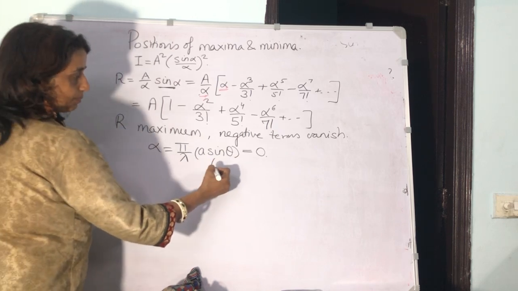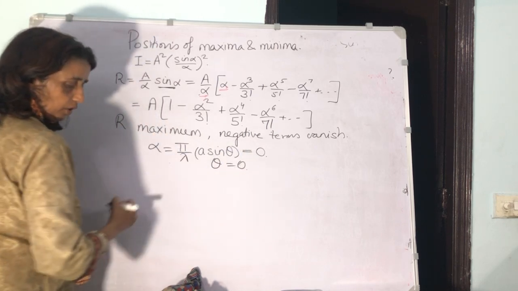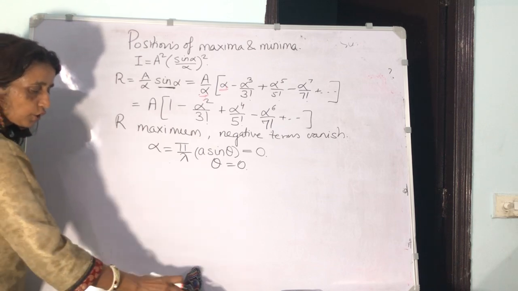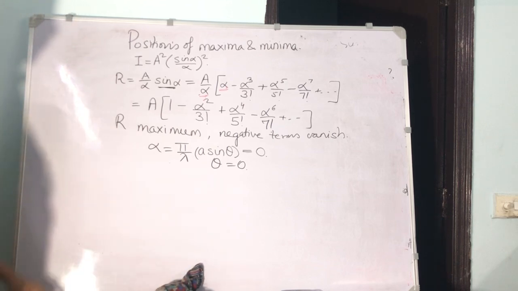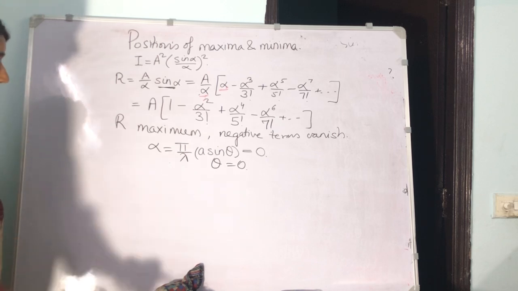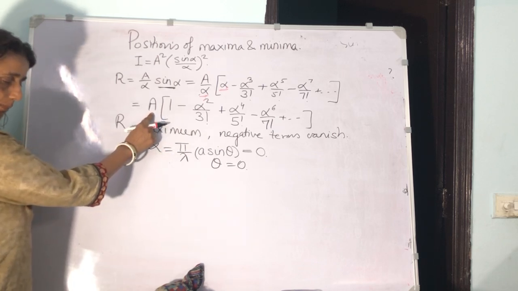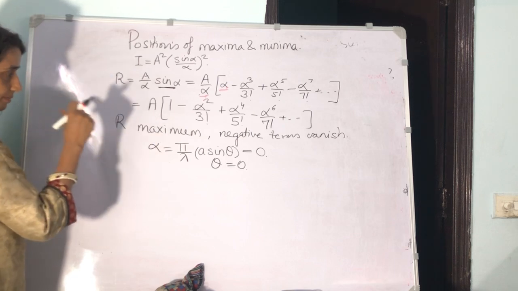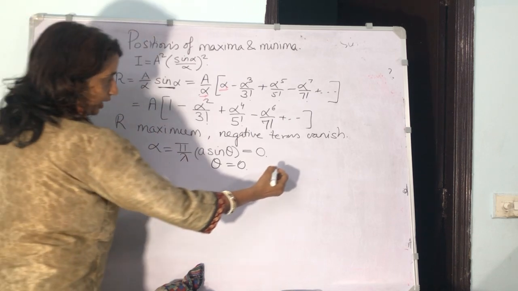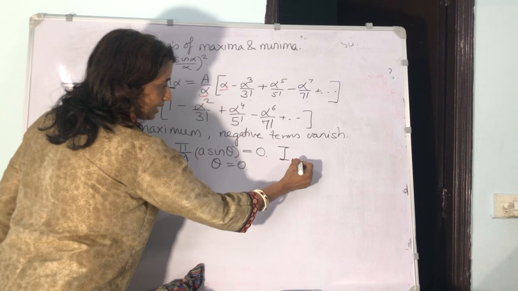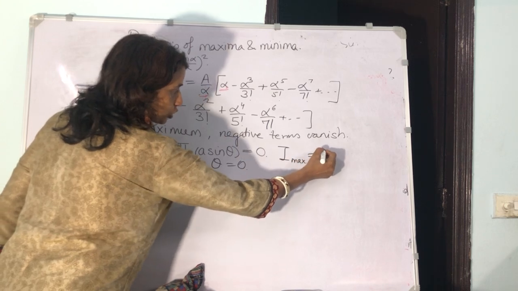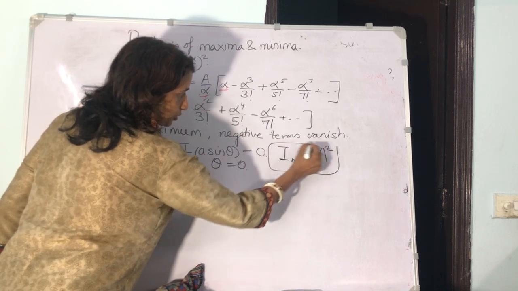This is possible when theta is 0, because sine 0 is 0. So the maximum value of resultant amplitude R at C is capital A, the amplitude, and the corresponding maximum intensity is A square. So maximum intensity is the square of the amplitude.